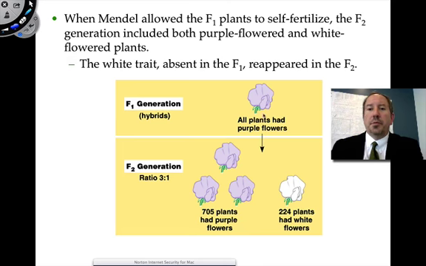3-to-1, 3-to-1, 3-to-1. And when I say 3-to-1, it doesn't necessarily mean literally 4 plants. It's representative. It's going to be 75-25, or if you're doing 1,000, check this out. These are 705, 224. You're like, well, wait a minute. If it was 1,000, this should be 750, and this should be 250.